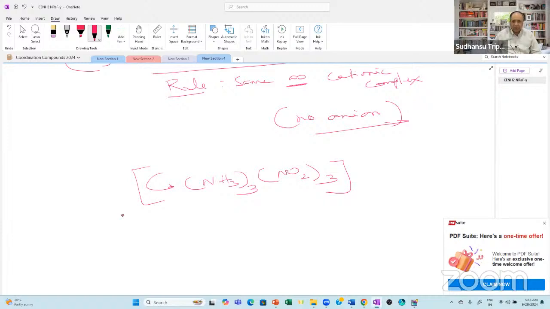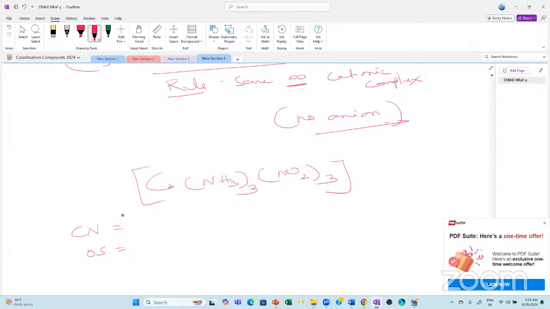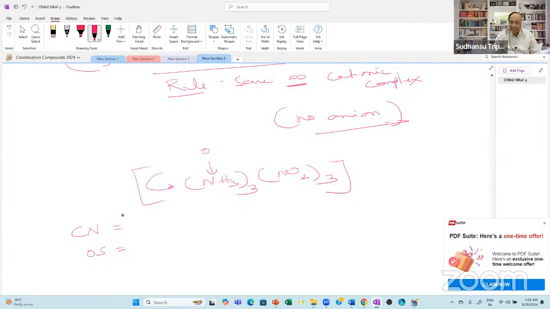And NO2 whole 3. So now you have to tell me the same two things: coordination number and oxidation state. Oxidation state +3, coordination number 6. Because ammonia is zero charge, and this is nitrito-N, or simply nitro as previously called.